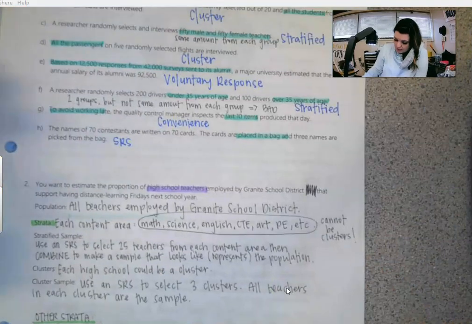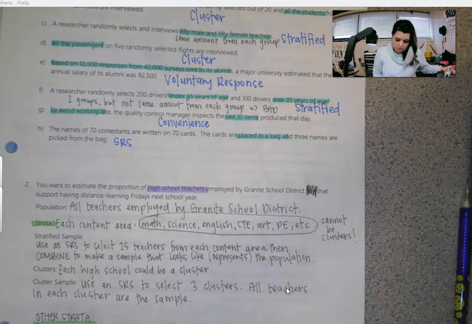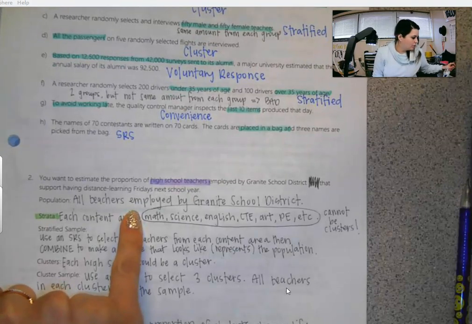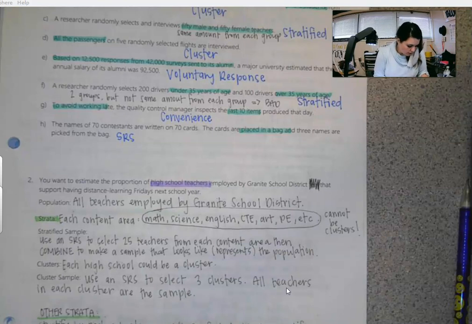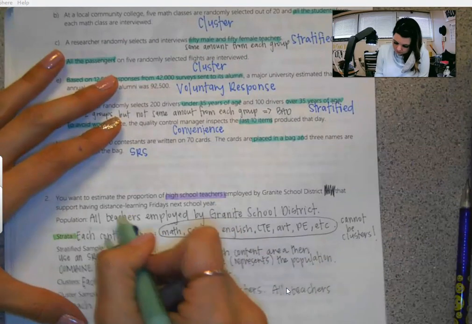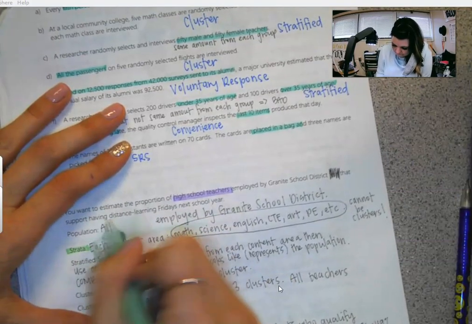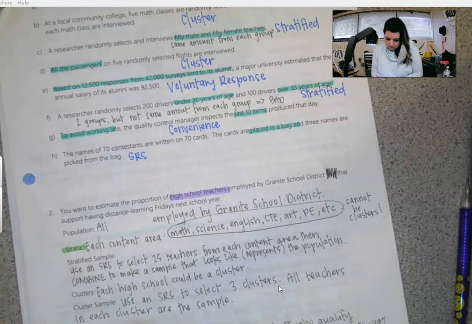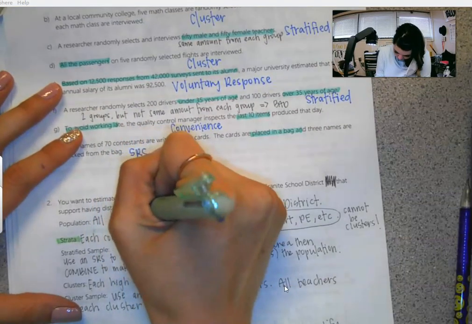So you can see here when I filled out the population for this problem, I have all teachers employed by Granite School District, and I really should change that to all high school teachers employed by Granite School District. I'll write it in red as a reminder to myself that I made this mistake.